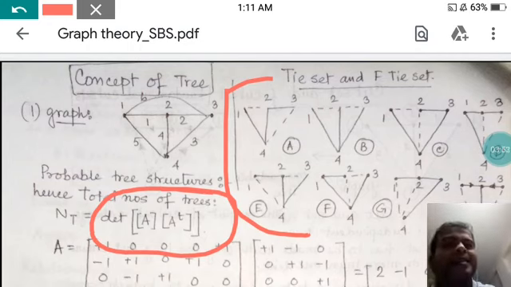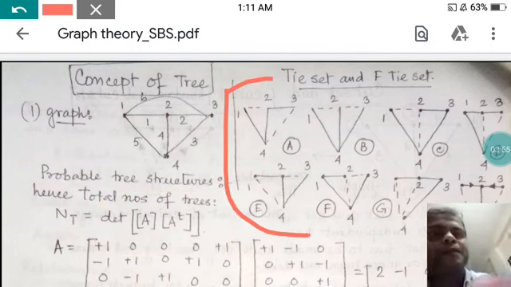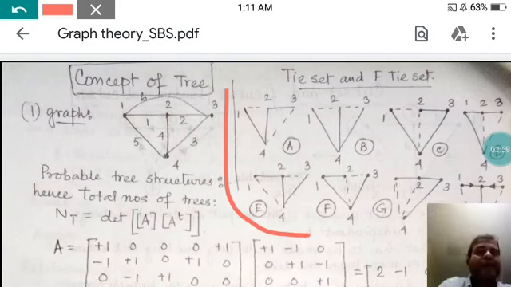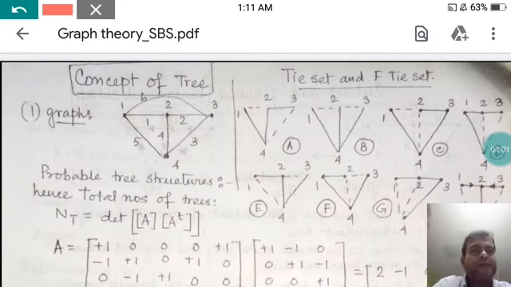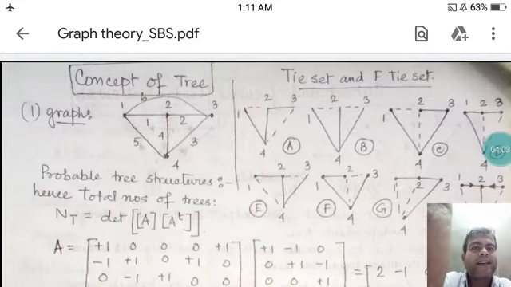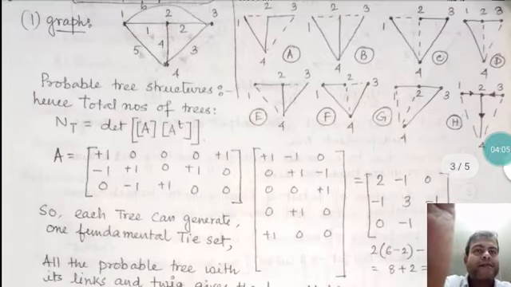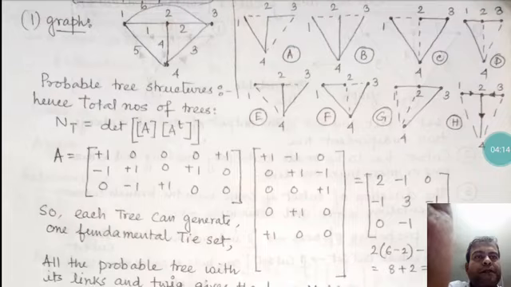Now, for this given graph, I have already calculated the incidence matrix, and you can also calculate it. I have shown you how to calculate this. Then I find A transpose.